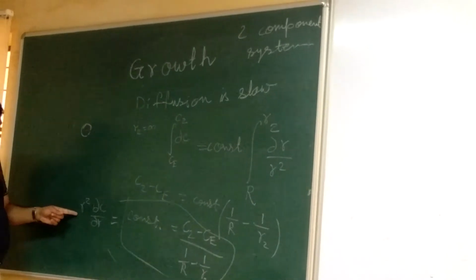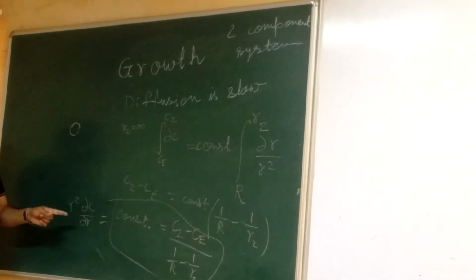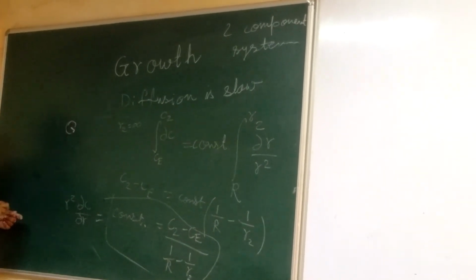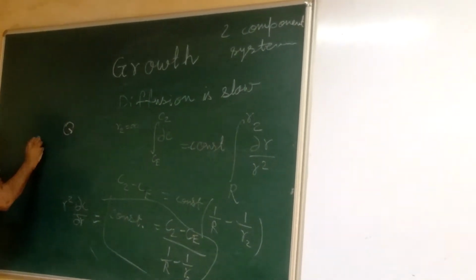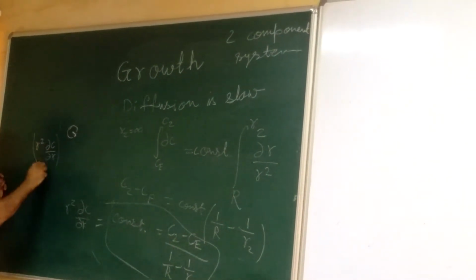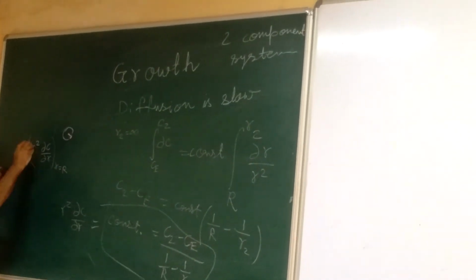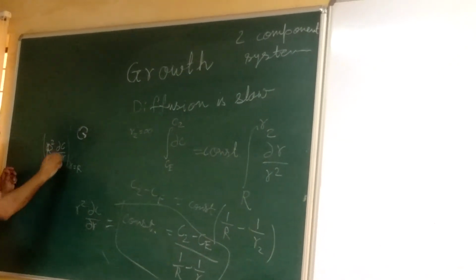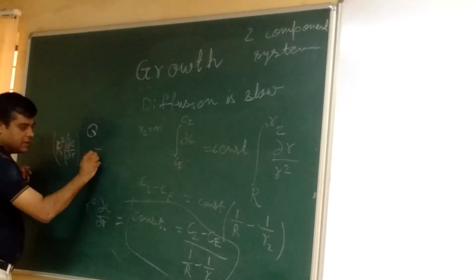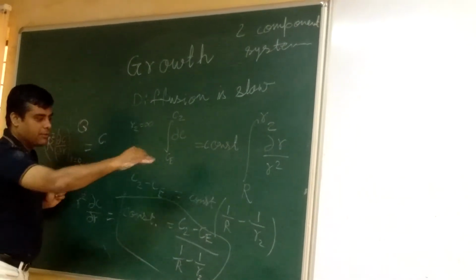We are taking R square del C del R at the precipitate interface, meaning R equal to capital R. So del C del R at R equal to capital R should be equal to C2 now far away from the interface.